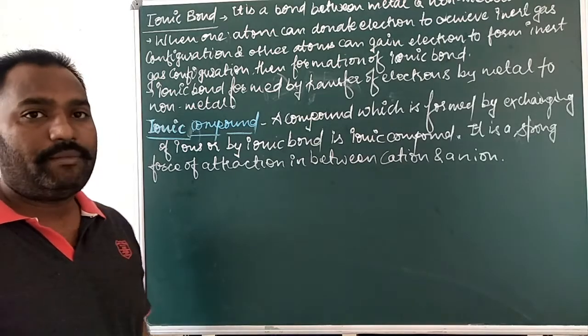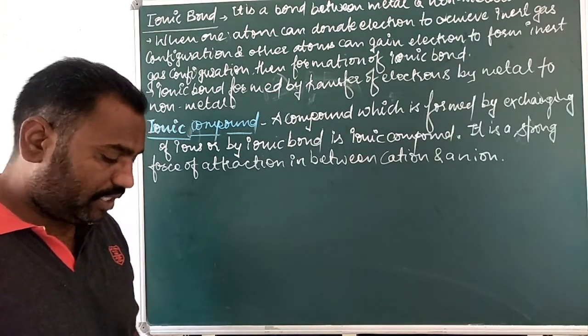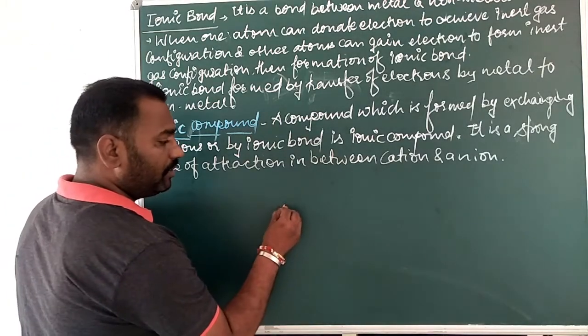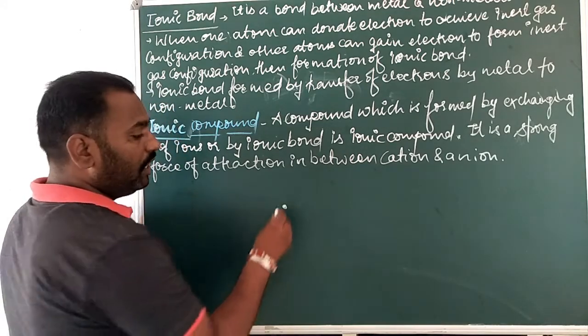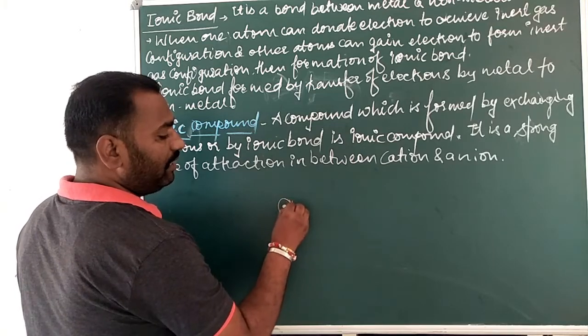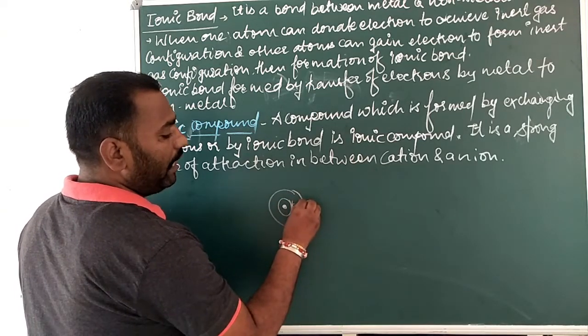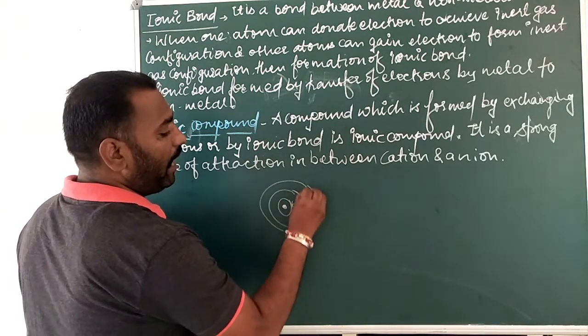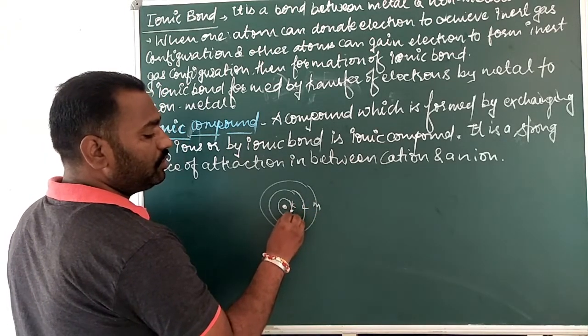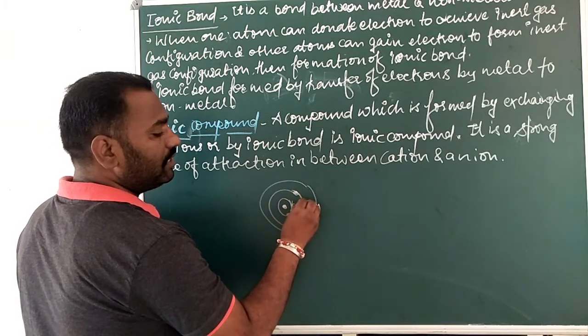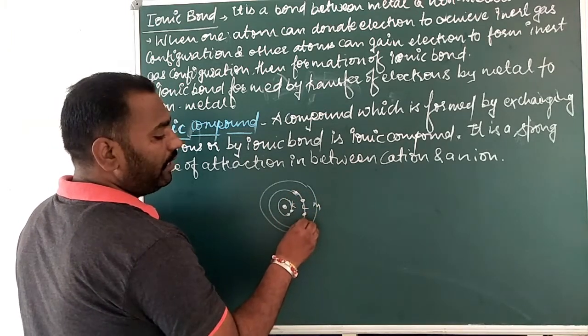Roughly I am making only small diagrams for that. Like sodium, in the middle there is a nucleus, in the sodium atom. This is the K shell, this is the L shell and this is the M shell. The innermost shell contains 2 electrons, the second, L, contains 8 electrons.